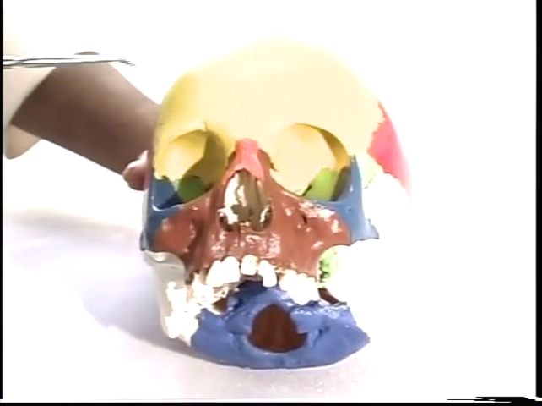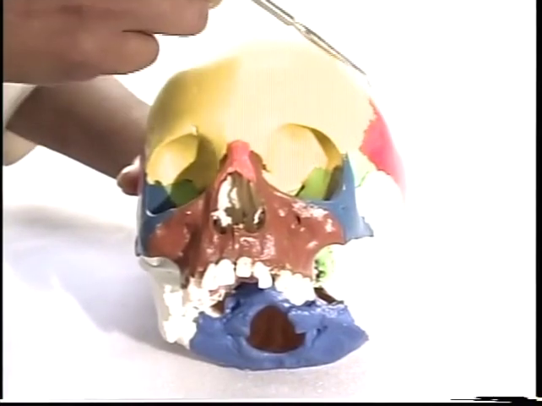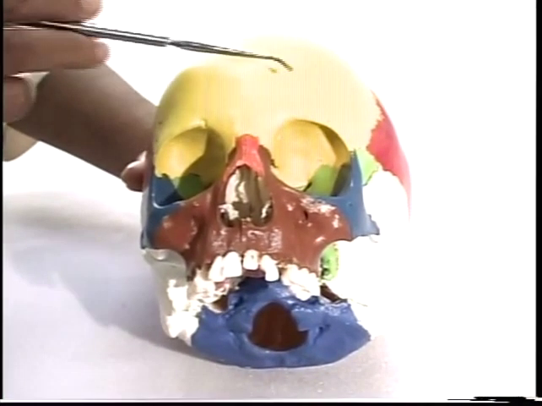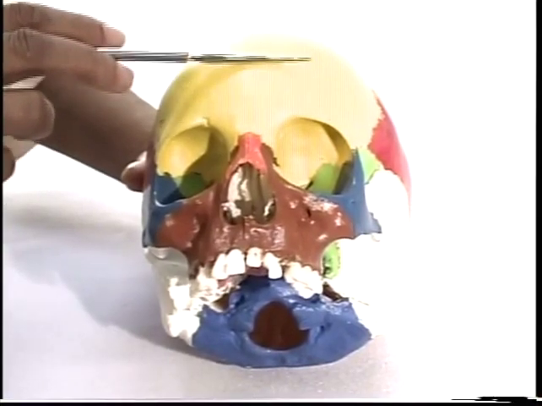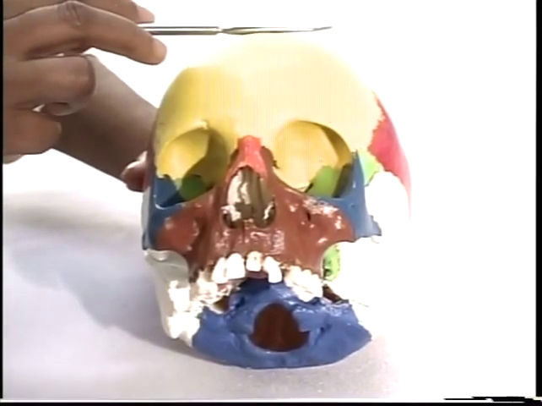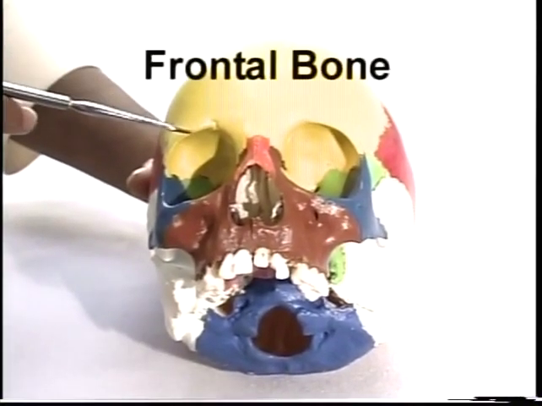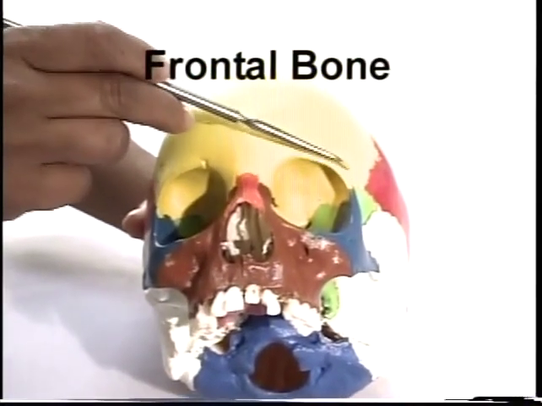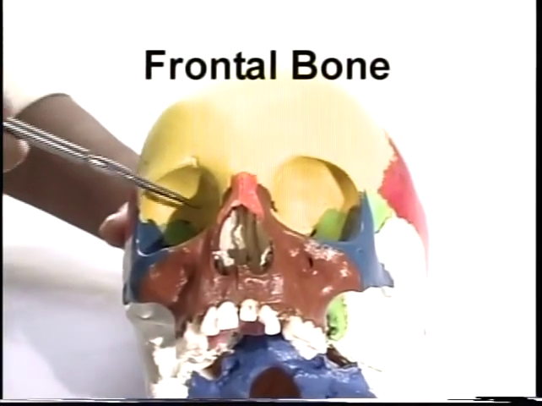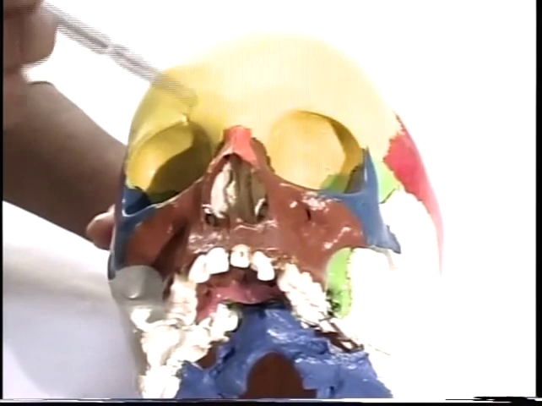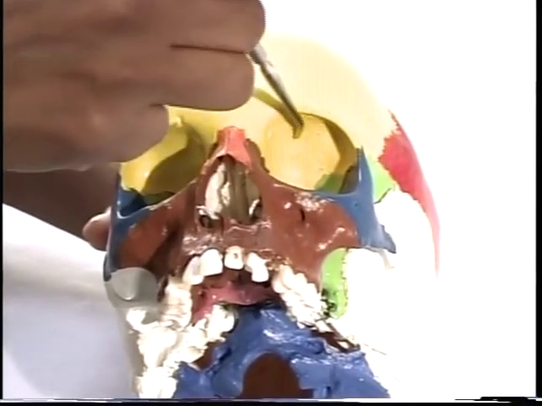So let's start with this yellow colored bone, which is occupying the frontal area of the face and the anterior part of the skull. This is your frontal bone, which is a single bone, and if you look inside the orbit, it forms the roof of the orbit.